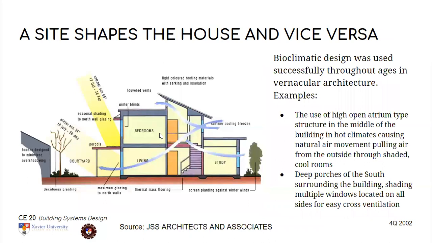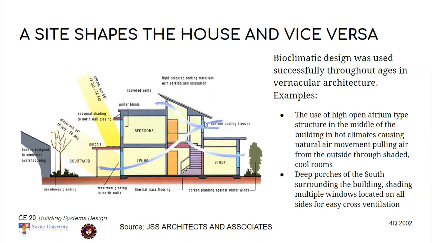Another consideration that you need for your design is the use of high open atrium type structure. You'll notice that in large buildings, stairs are directly adjacent to lobbies, just like in the engineering building, or it may have a big atrium, just like the CIT building in Manresa campus.